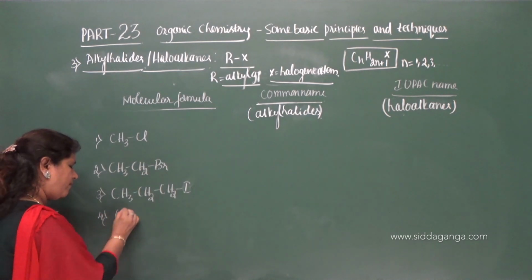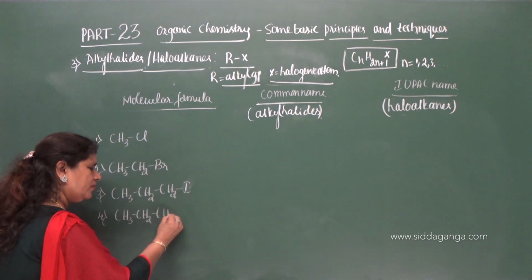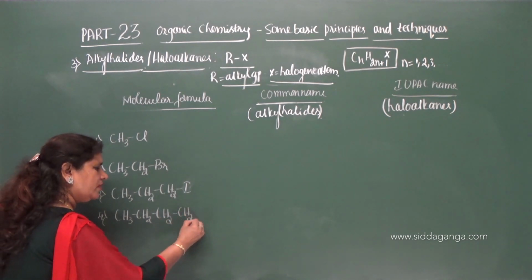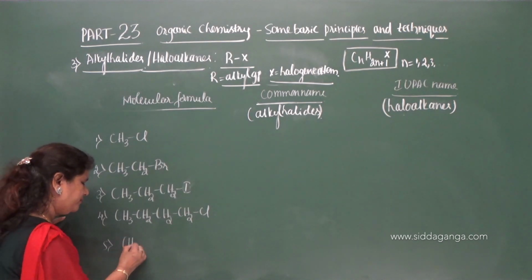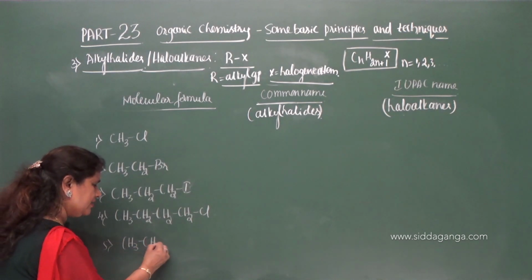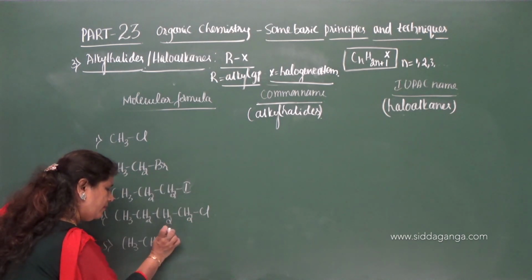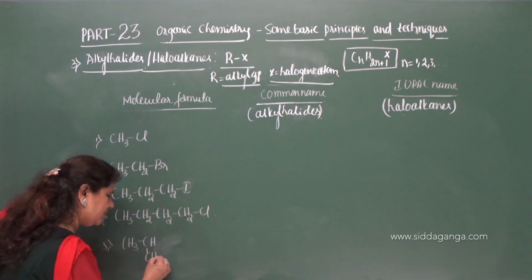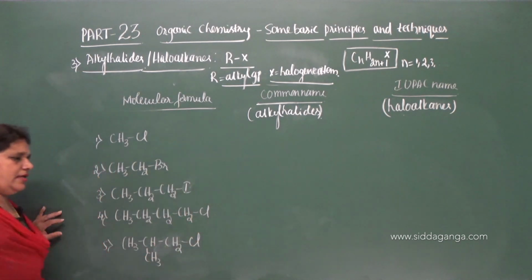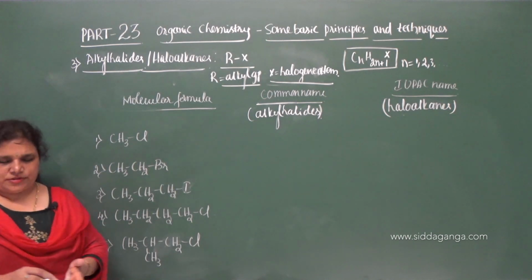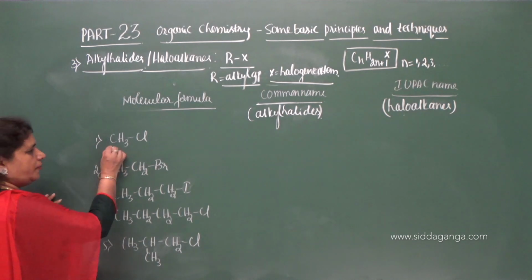Fourth one, CH3CH2CH2CH2Cl. Fifth one, CH3CHCH2Cl with a methyl branch. So these are the 5 compounds just now I have given. Now what is the alkyl group here?